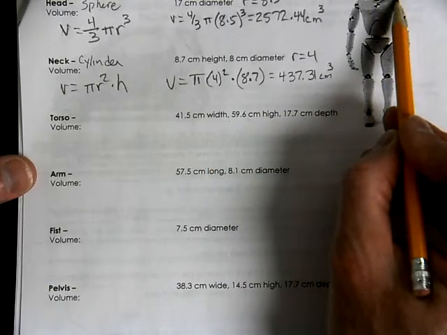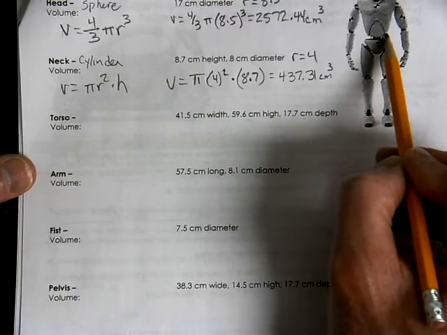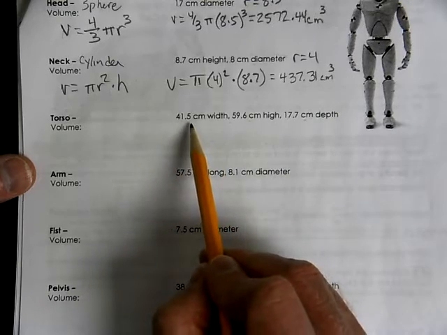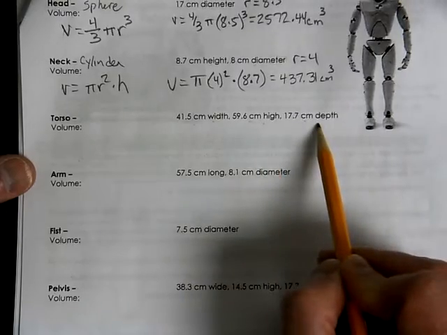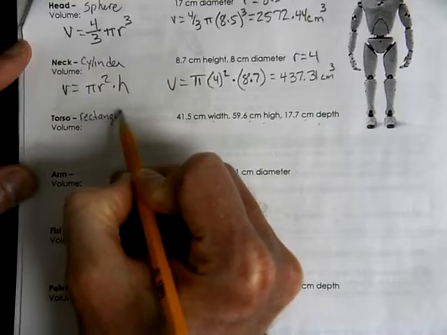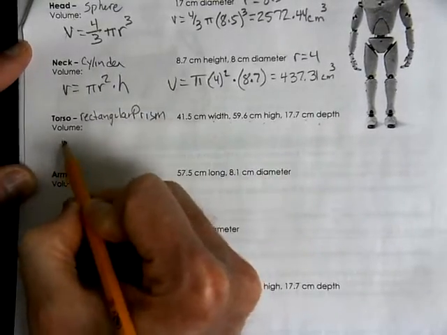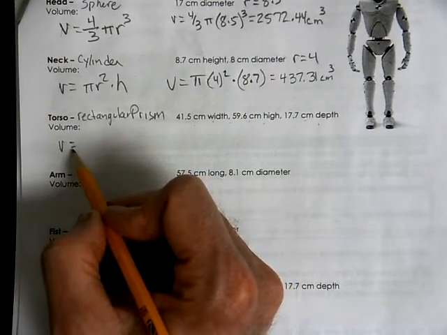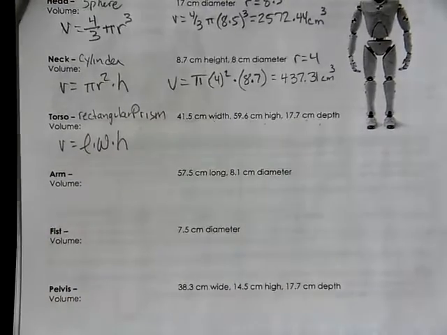They don't give us the length across the shoulders being different than the length across the hips, which perhaps it would be, but in this case, they just give us a width, a height, and a depth. So we'll call that a rectangular prism. And the volume of a rectangular prism, besides the base times the height, would be length times width times height.